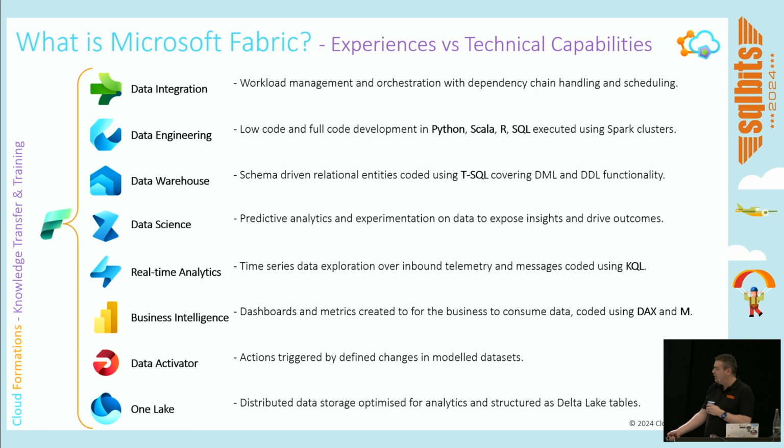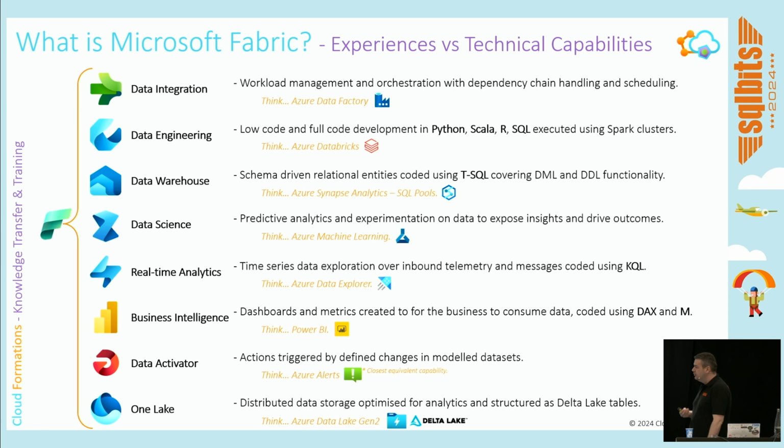Sure, and at the bottom here, underpinning it all is our OneLake storage, deliberately structured and formatted using Delta Lake tables. It doesn't have to be, by the way, but that's pretty much how Microsoft like it to be. So sure, we definitely have a unified product stack now, I agree. But in that timeline, we've had a lot of capabilities like this already. We've had a lot of this stuff already. Perhaps with the exception of Data Activator, some of that is a little bit kind of net new in terms of what we can do with it, but sure, we have these capabilities.